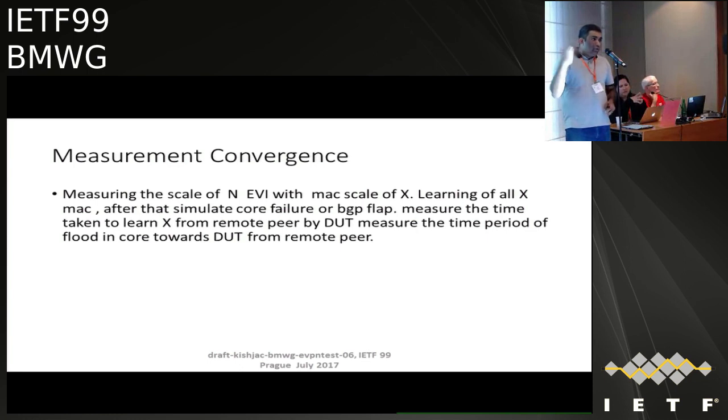So we scale to N EVPN instances and to the MACs. How fast it learns and starts forwarding in bidirectional traffic, and how quickly the flood is prevented. So that is where we measure the convergence.